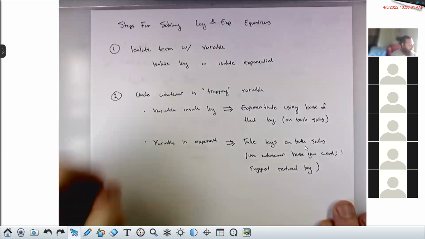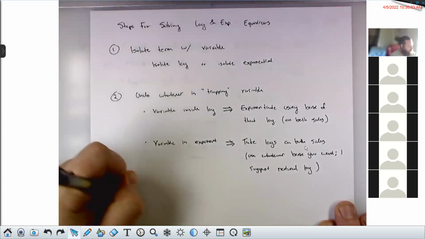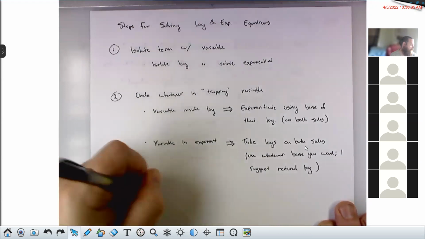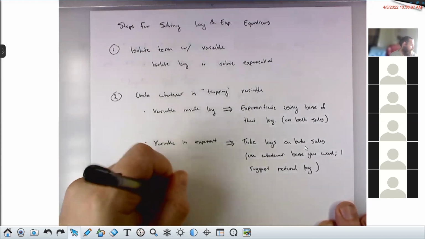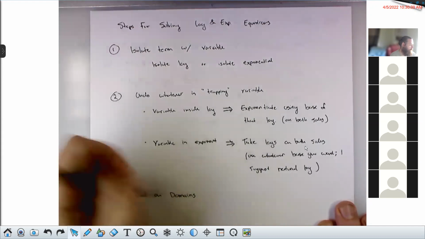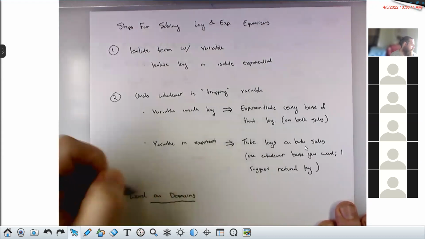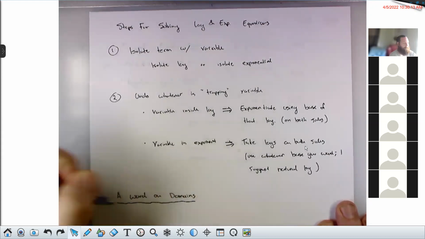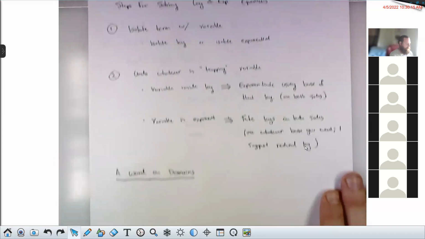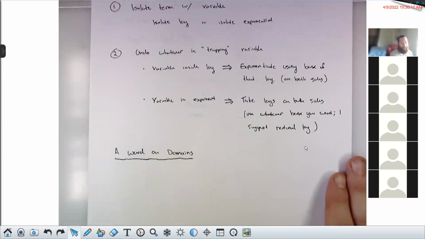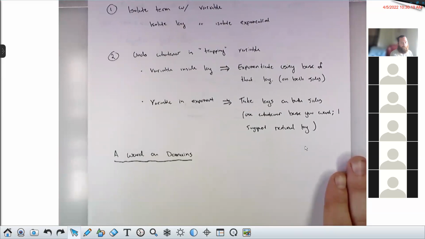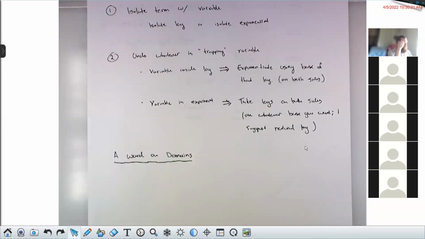I do want to talk a little bit about domains. In both exponential and logarithm equations, it is possible that there is no solution.